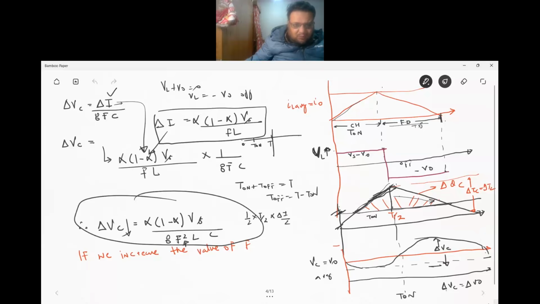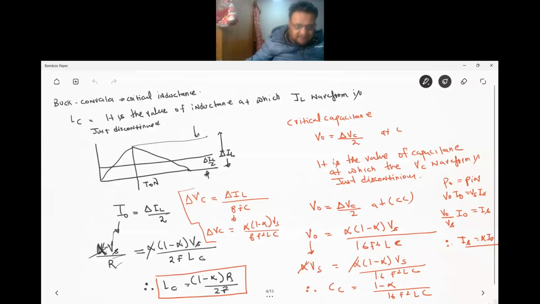Now one more important fact here is that in the buck converter, the critical inductance will happen when your I naught, the output current, would be equal to delta IL by 2. What would be your output current? I naught would be equal to V naught by R. But what is your V naught?